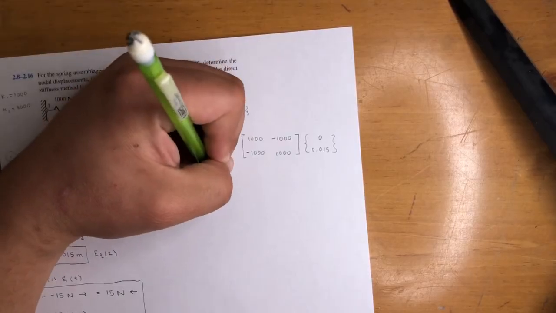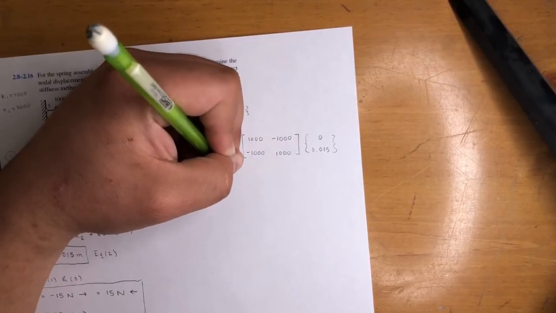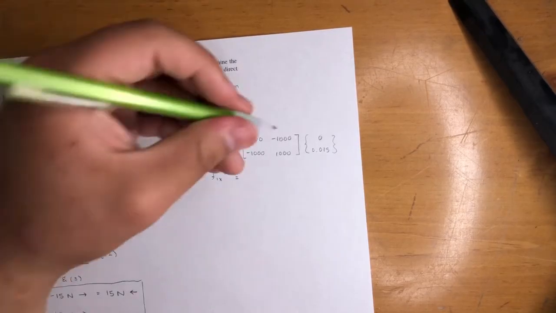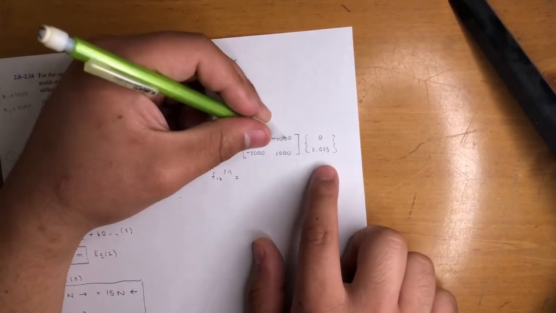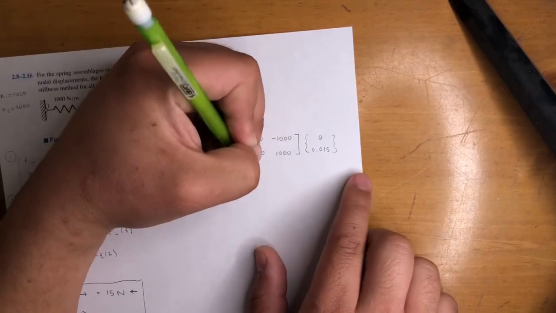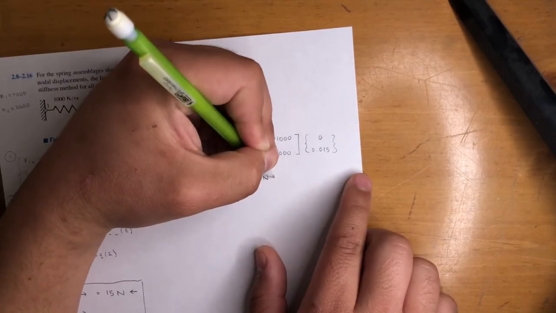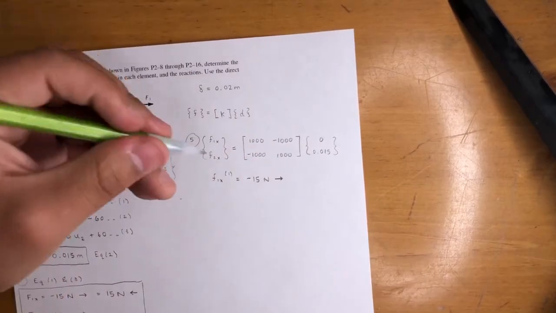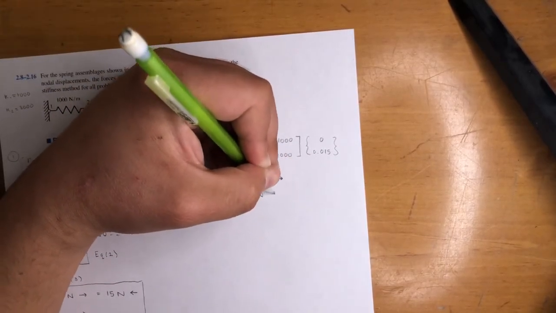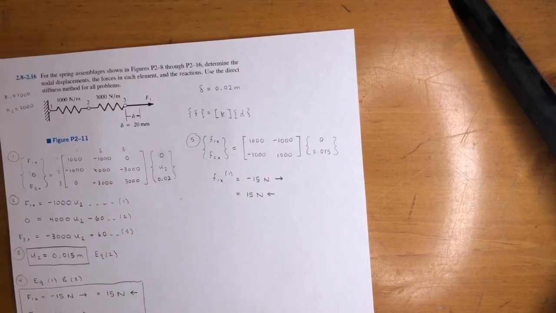So solve for it, you will get element 1. So F1x of element 1 is equal to 1,000 times 0 minus 1,000 times 0.015, which is negative 15 newtons going this way, or is equal to 15 newtons, whatever way you like to denote it, going that way.